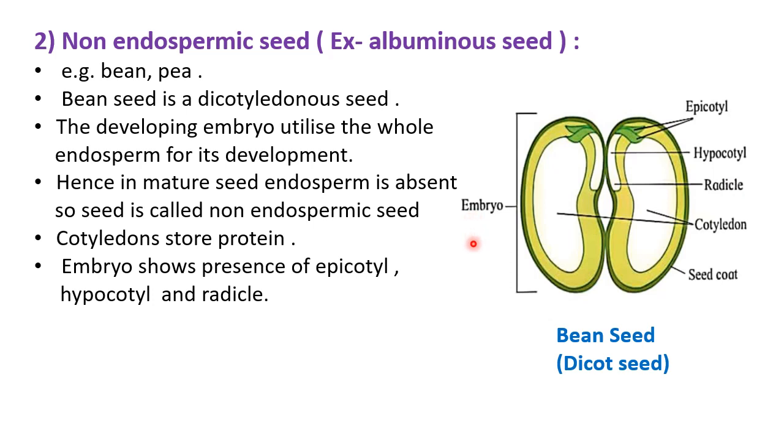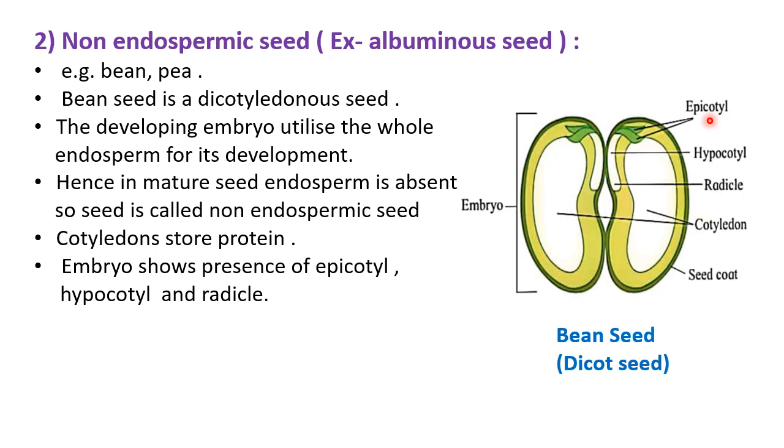At the top of the seed, we see the embryo showing epicotyl, hypocotyl, and radicle. The upper part of the embryo is called epicotyl. Epicotyl shows presence of plumule.